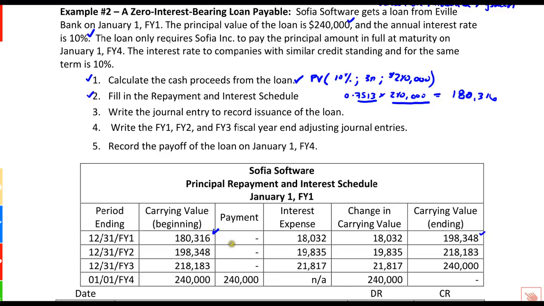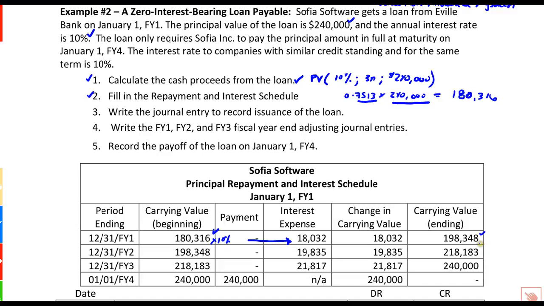Now, this is the effective interest method. You take the beginning of period carrying value and multiply it times 10%. That's the interest expense. If there were a payment, the difference between the payment and interest expense would change the carrying value. Since we don't have any payment here, the interest expense dollar for dollar reduces the discount and increases the carrying value.